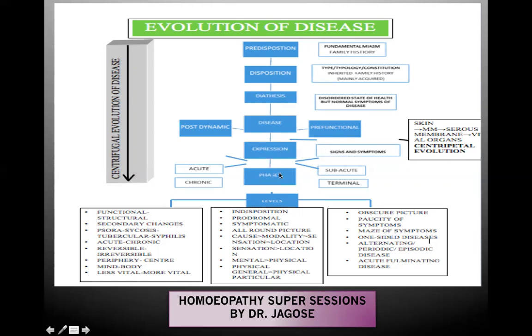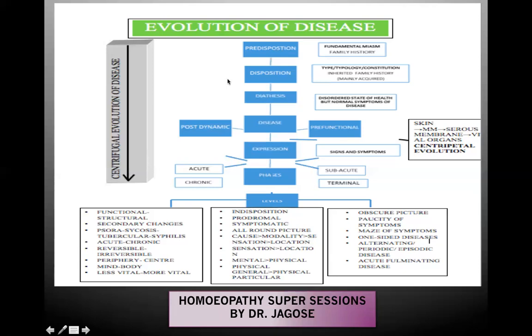Then we get the phases of the disease, like acute phase, chronic phase, subacute phase, or the terminal phase, and the different levels of expression, which we'll see later on. As I told you, the disease will express itself through signs and symptoms. That means it has a centripetal evolution, going from the periphery to the center, from the skin, mucous membranes, serous membranes, and vital organs.